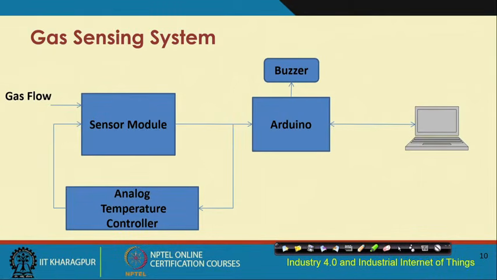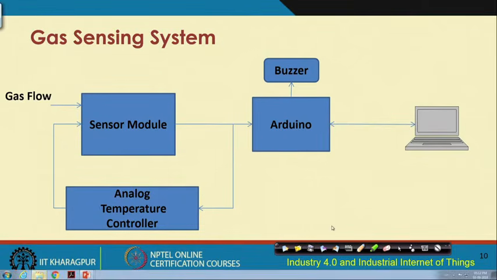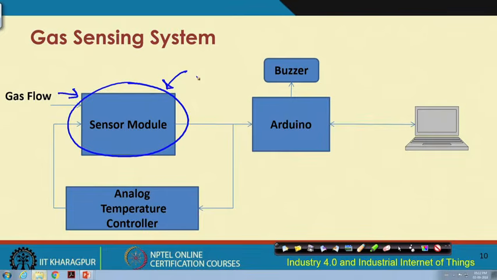This is the overall block diagram of a gas sensing system. We have this sensor module which will have this sensing material for a particular target gas. So, gas basically is passed through this particular sensor module, and this material is chosen in such a way that it is going to change its resistive properties with respect to the increase in concentration of the chosen gas.